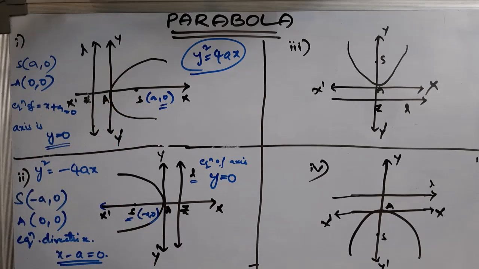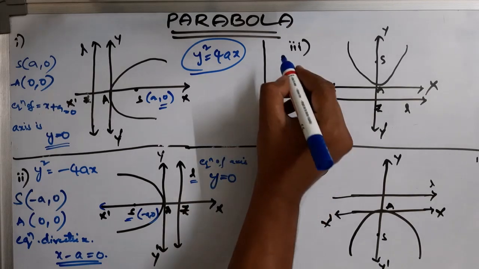Okay, as you look at this third one, the parabola lies on the y-axis and it is on the positive side of the y-axis.